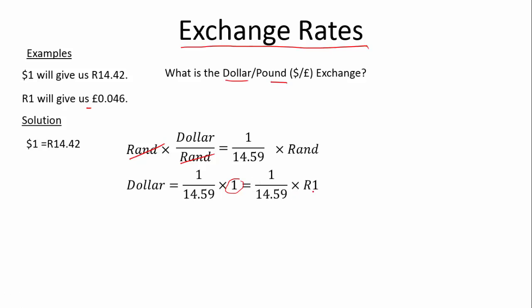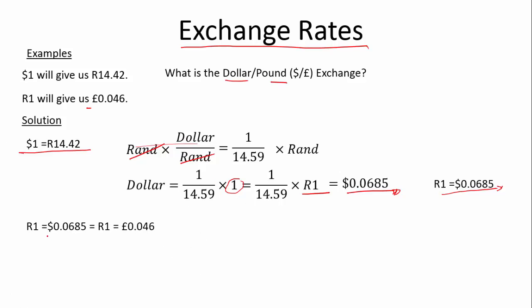So 1 rand is equal to $0.0685, right? So now we've got a dollar to rand exchange, and we've got a rand to dollar exchange. That's quite convenient. Do you see how easily we did that? We just went 1 over.